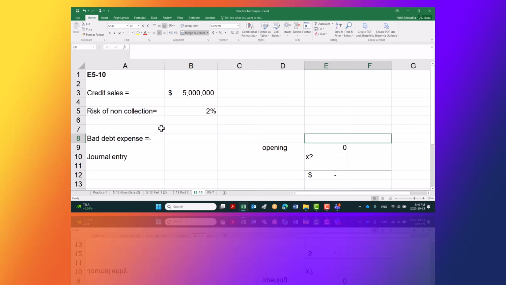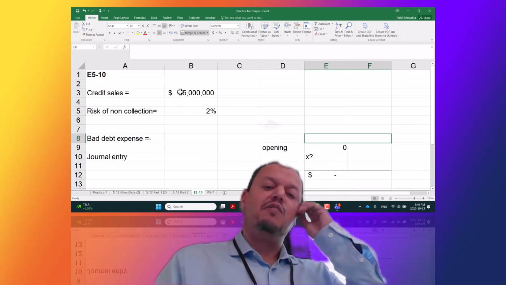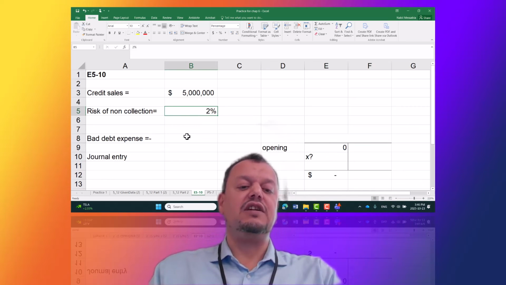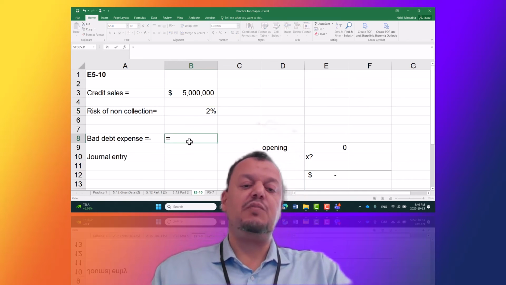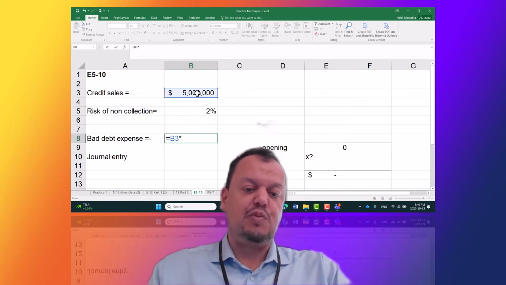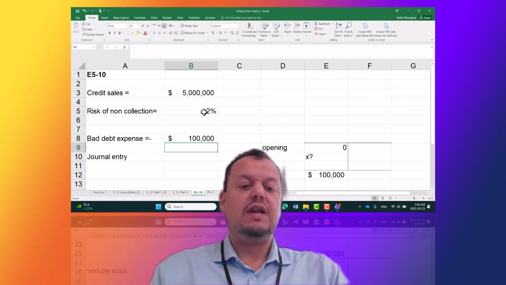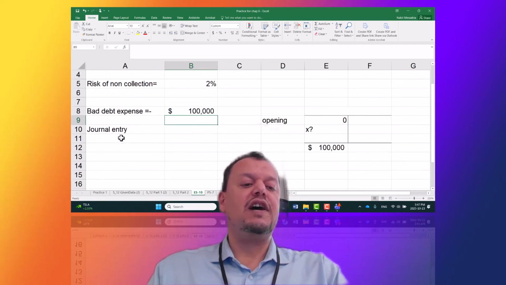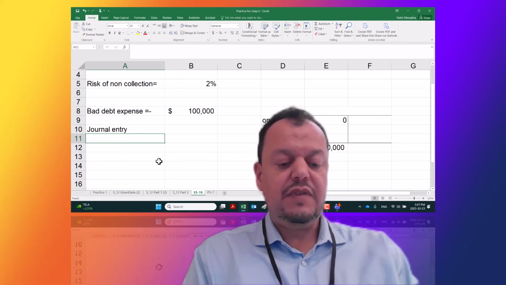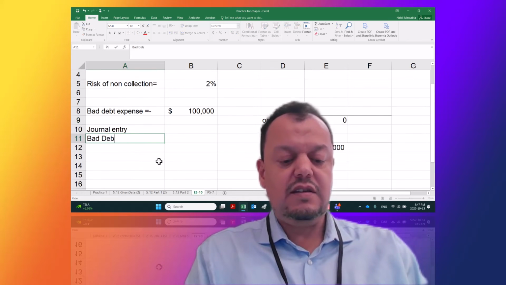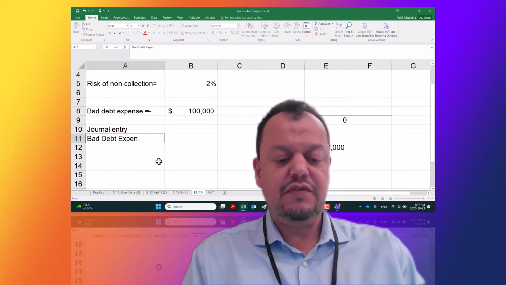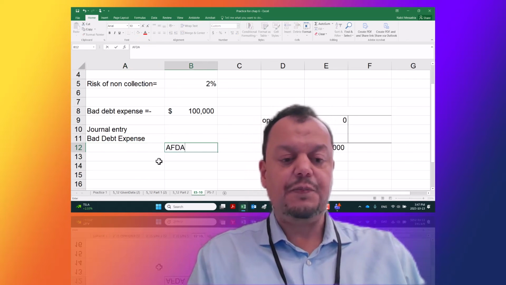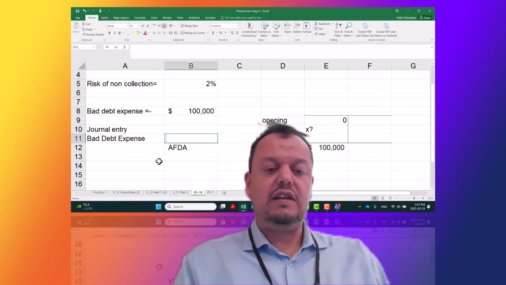If I have 5 million of credit sales and 2% risk on non-collection, the bad debt expense will simply be 5 million times 2%. And that's what would be in your journal entry. So you debit bad debt expense and you credit the allowance for doubtful accounts for $100,000.